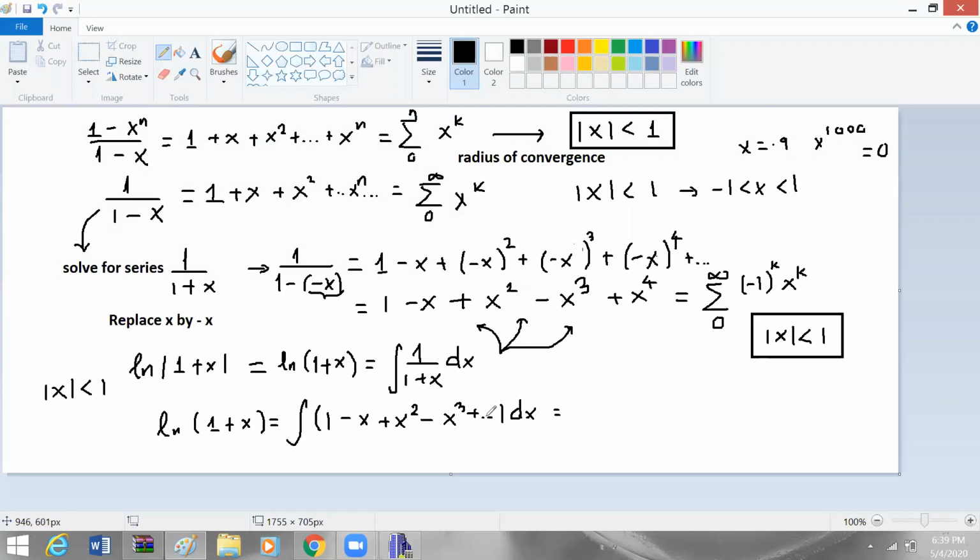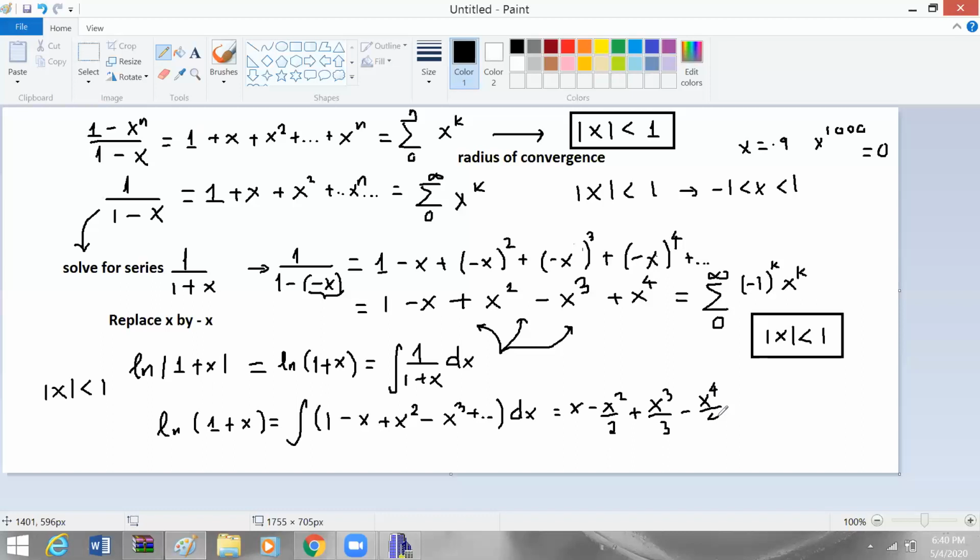So we're going to integrate all of this with respect to x, and when I integrate that, one integrates to x, right? And then negative x integrates to negative x squared over 2. Then x squared integrates to x to the third over 3. And x to the third integrates to minus x to the 4 over 4.